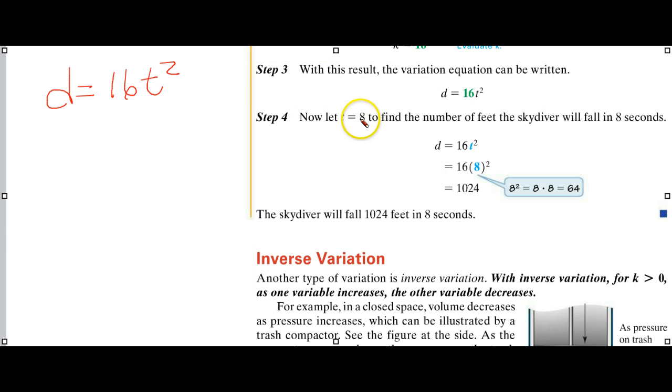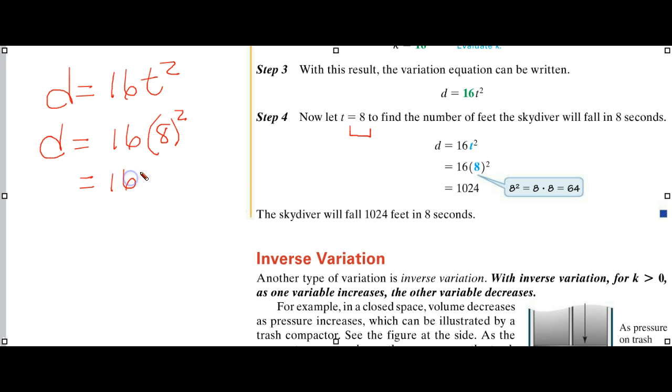Now they're asking how many feet would the skydiver drop if the time were 8 seconds. So we have our basic formula. So d is going to equal 16 times t, which is 8, that we're going to square. So 8 times 8 is 64.